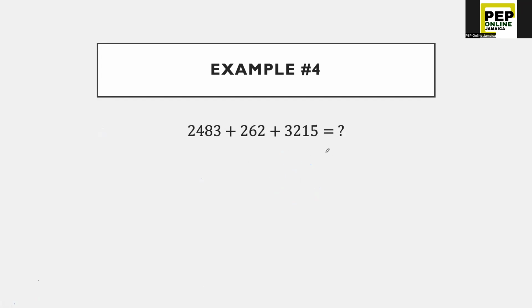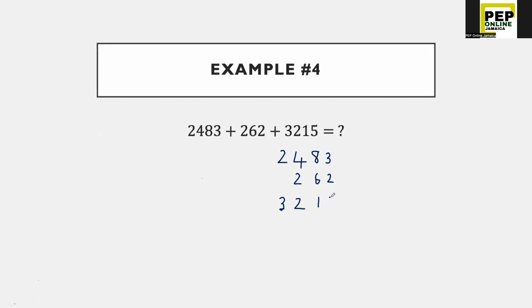Example number 4. Getting a bit complicated, but no worries, same principle. 2,483 plus 262. One of the main reasons why I do these questions like this is that students oftentimes do not line up their numbers properly, and because of that, they do not add correctly.